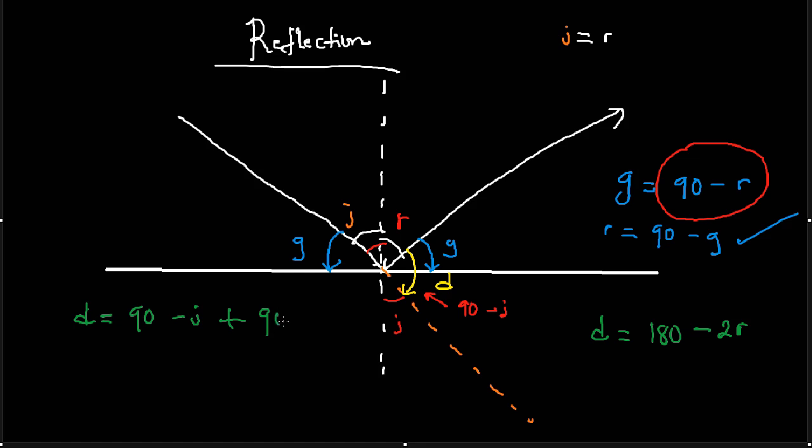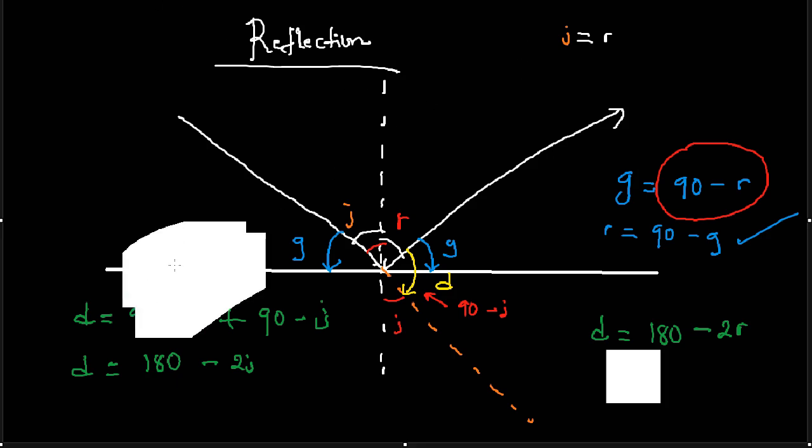If you add this together, you get 90 plus 90, which is 180, and then minus i plus minus i, the same as minus 2i. That's the formula for the angle of deviation. So that's the easy part. If you have to calculate any of these terms, I'm sure you're able to do it seamlessly.